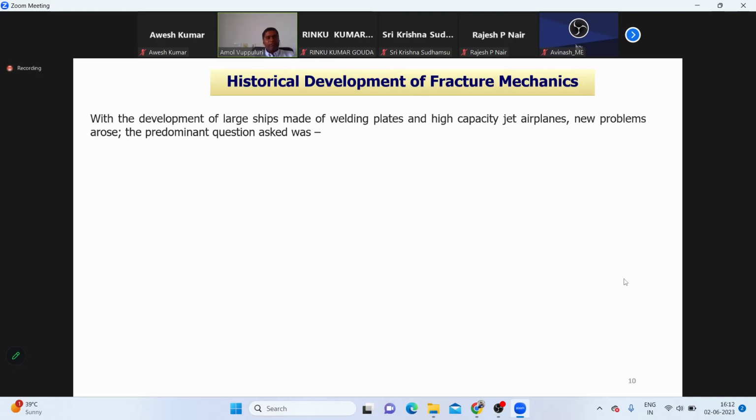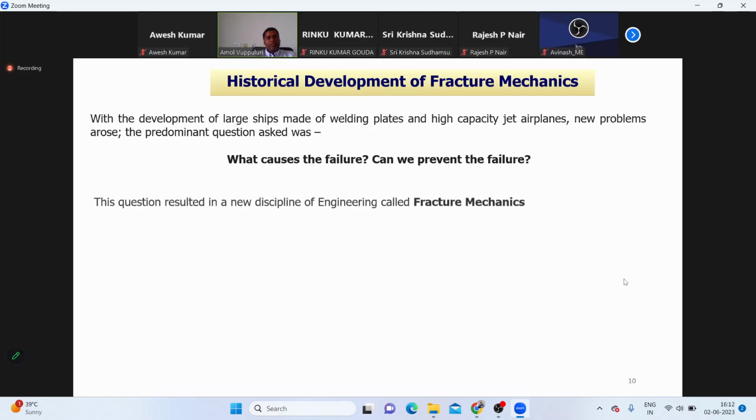With the development of large ships made of welded plates and high capacity jet planes, the predominant questions asked were: what causes the failure? Can we prevent the failure? This question resulted in a new discipline of engineering called fracture mechanics.